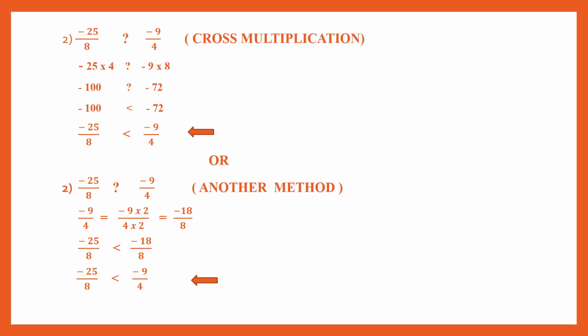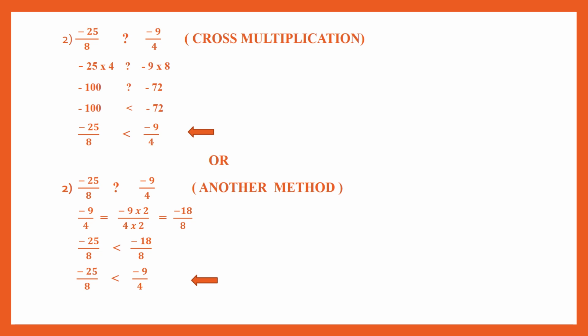So now let's write the question: minus 25 upon 8, and instead of minus 9 upon 4 I would write minus 18 upon 8. If I have to compare these two, the denominators are the same, so look only at the numerator. Minus 25 has to be compared to minus 18. Minus 25 would be lesser than minus 18 because minus 18 is closer to 0.